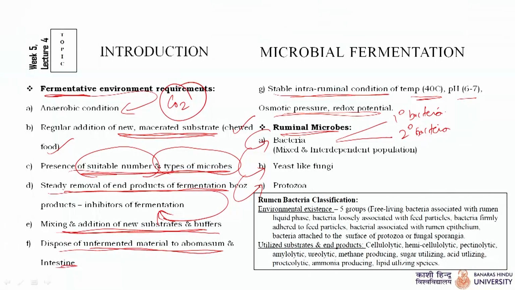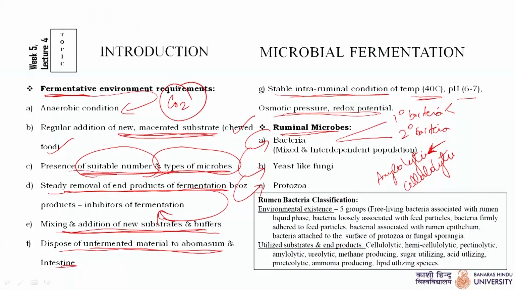Primary bacteria, for example, are the amylolytic and cellulolytic bacteria. So amylolytic bacteria means what? Amylo is related to amylase. Lytic means lysis, right? So these are the bacteria required to hydrolyze the amylose in the ingested feed.